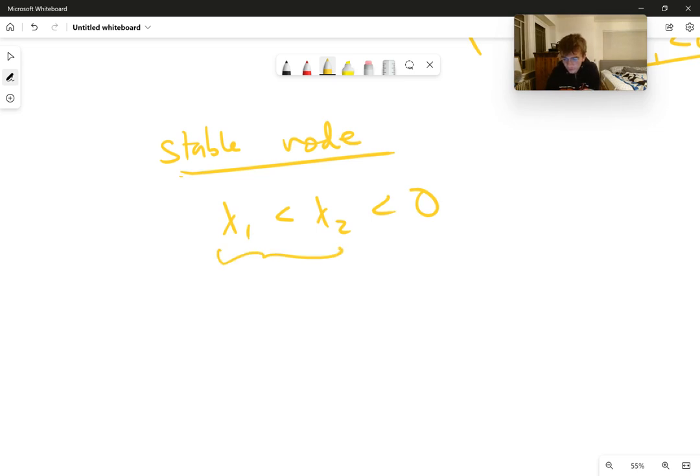The reason I wrote one is less than the other is that it means they're not equal to each other, which is important because the only time eigenvectors might not be linearly independent is if the eigenvalues are not distinct. If the eigenvalues are distinct, you will always have linearly independent eigenvectors, so there's nothing to worry about.